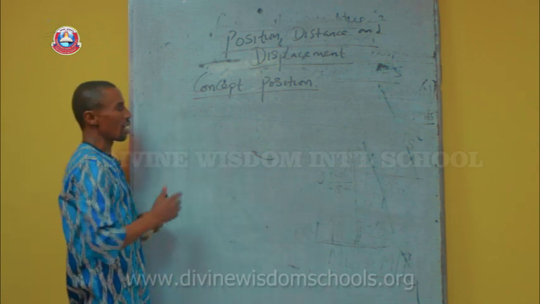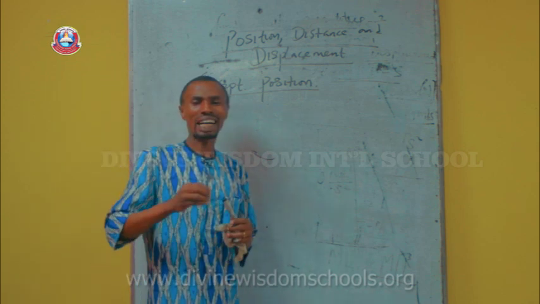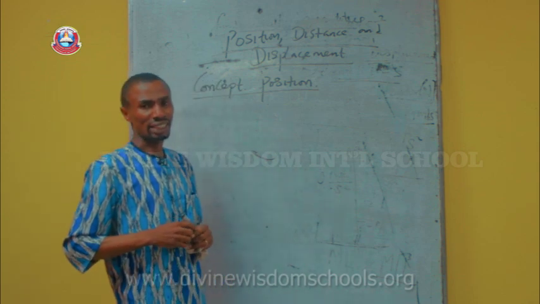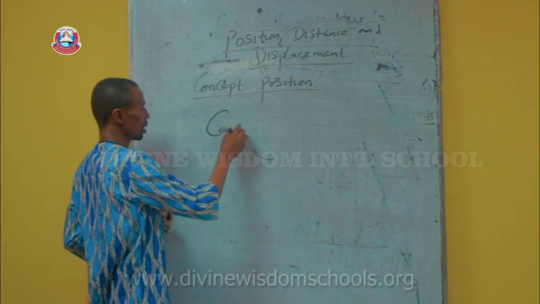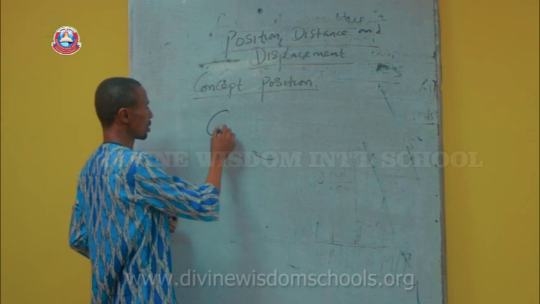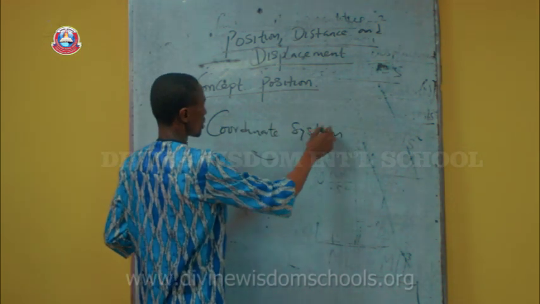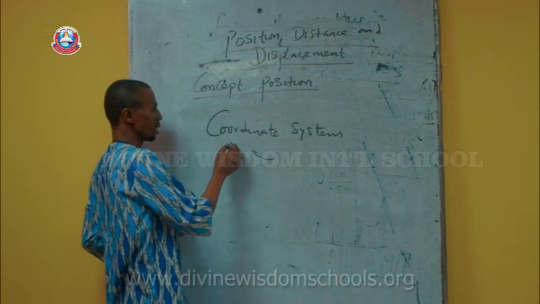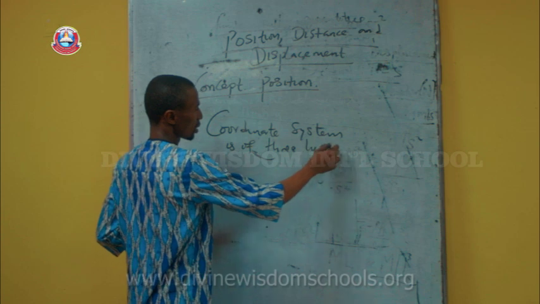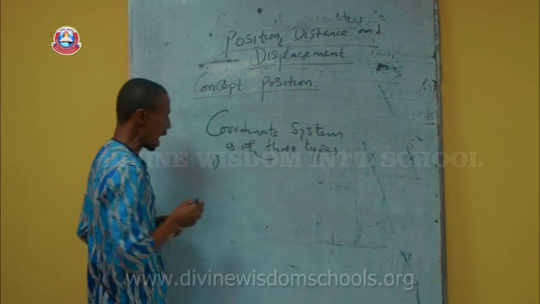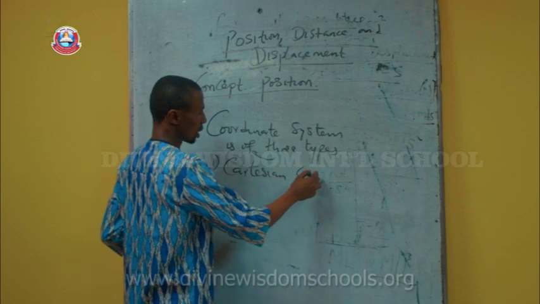Position can be described using the Cartesian coordinates. We have three types of coordinate system. First, we have the Cartesian coordinates.